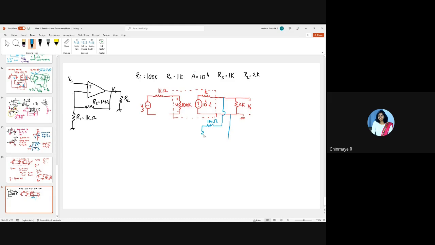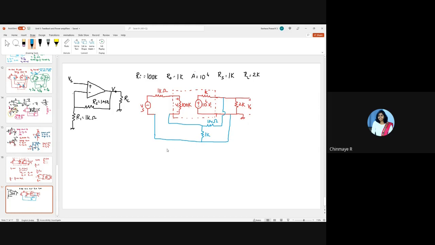Okay, and you have 1 kilo ohm that's connected to ground. This is R2 and this is R1. And the voltage across R1 is being fed back to the input. Okay, so we'll continue.